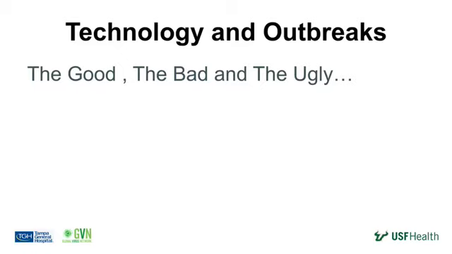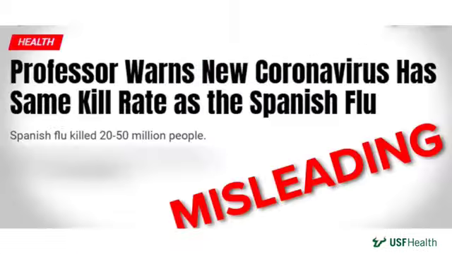So, technology and outbreaks. I believe there is the good, the bad, and the ugly when it comes to technology and outbreaks. I want to focus on the fake news aspect that we already saw in the previous slides. This truly is the bad part of technology, when something looks very authentic.